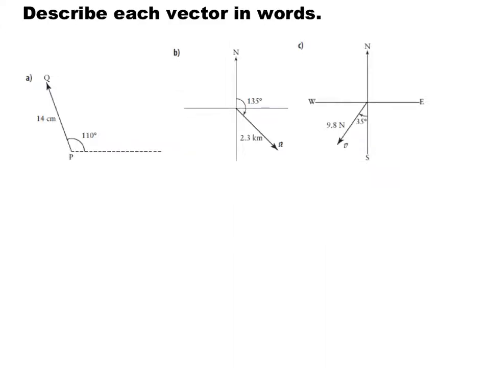In the next example, we are supposed to describe each vector in words. The first one, which is A, we can say that it's 14 centimeters at 110 degrees with the horizon.